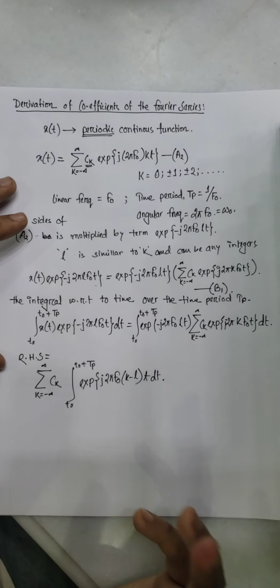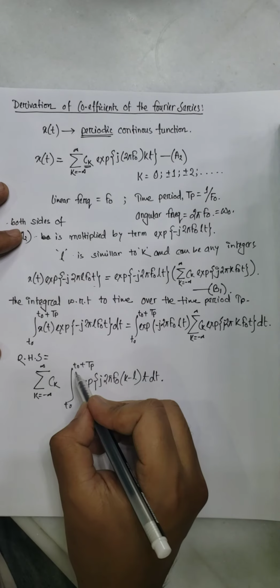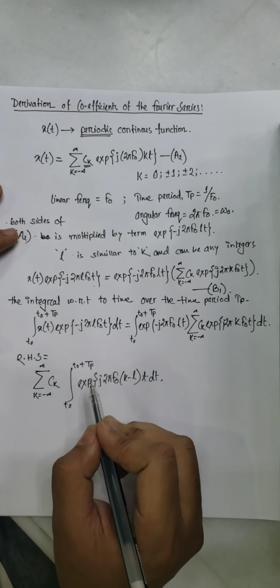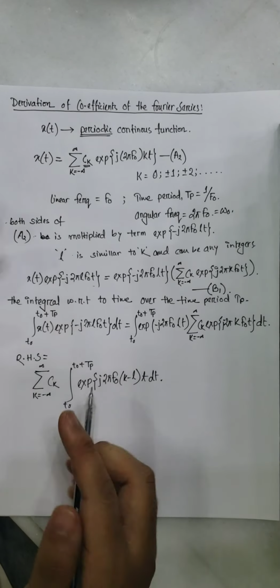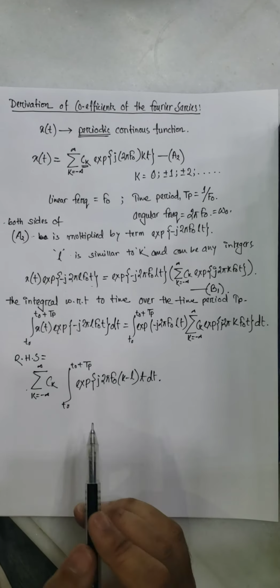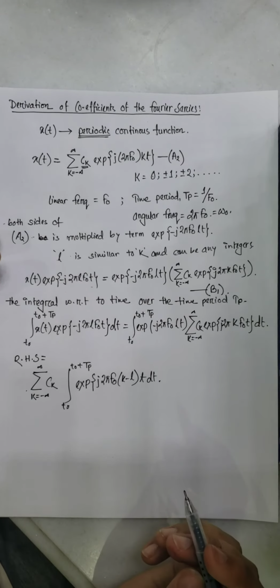See, here I've done nothing. The property of running sum and integration is such that they are both interchangeable, and whichever we do first, it does not hamper the result.